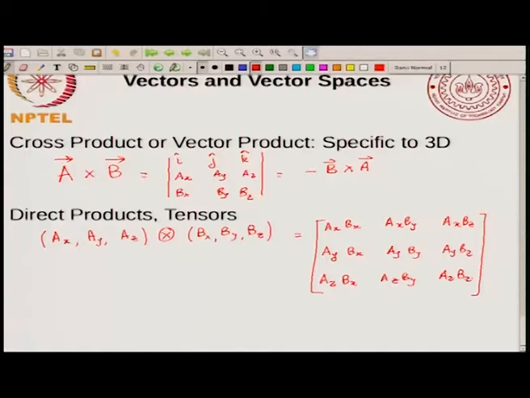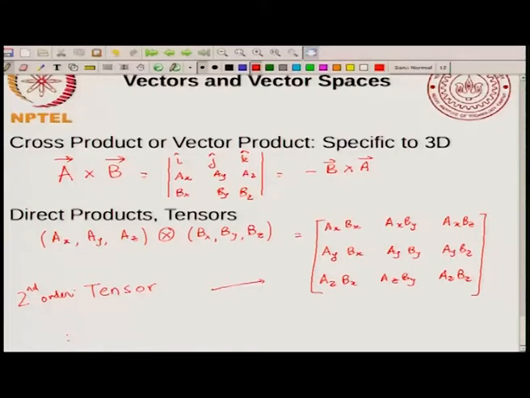So, what you are doing is taking all possible products, x into x, x into y, and so on, and putting all of them in a matrix. This is referred to as a tensor, a second order tensor.